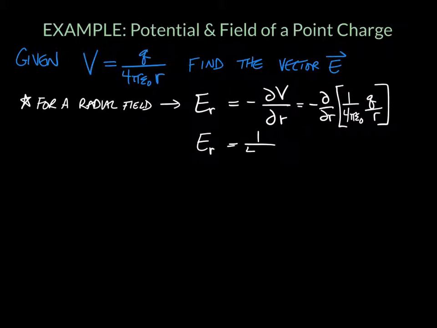Then what do I get? I get 1 over 4 pi epsilon naught q per r squared, which is exactly what you expect.